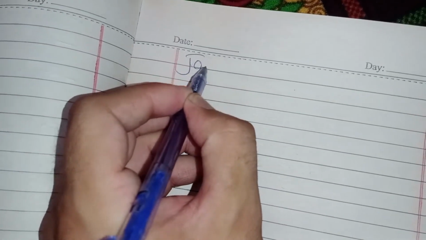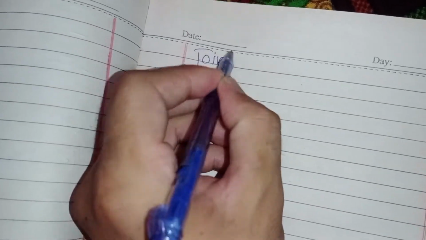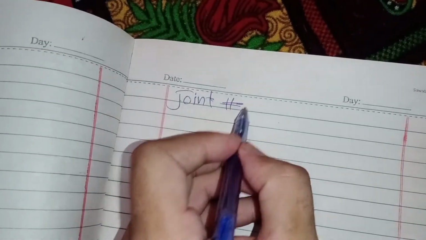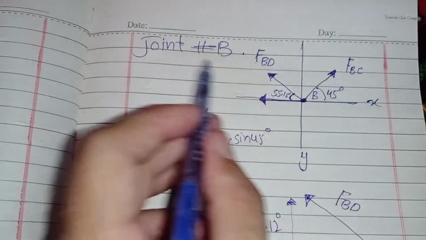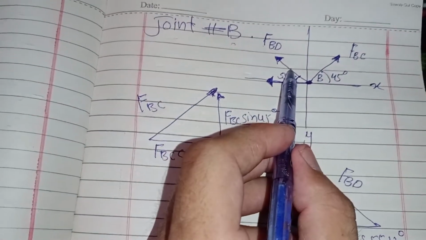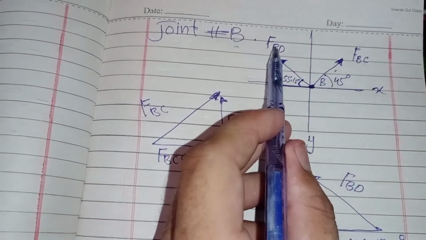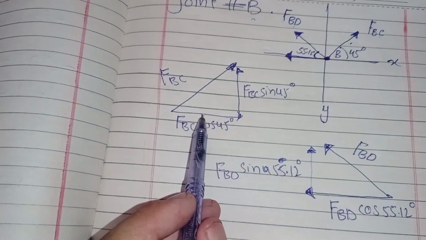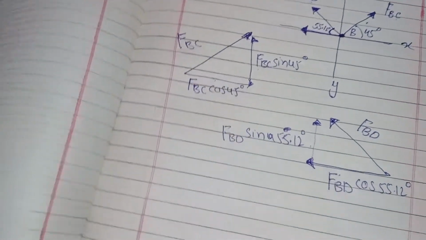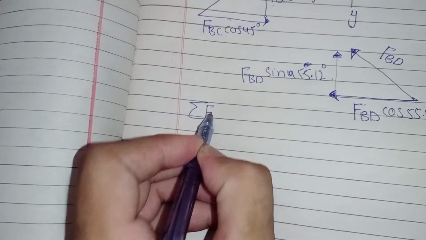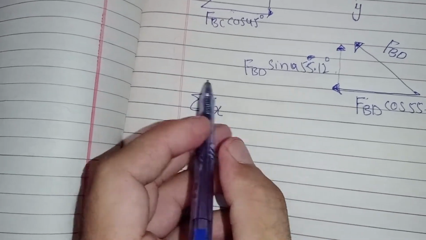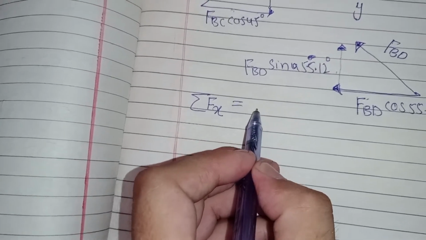So I take joint B and I resolve the force in member BC and force in member BD into their components, and now I will write the equations of equilibrium. First, summation of all forces in x direction equal to 0.